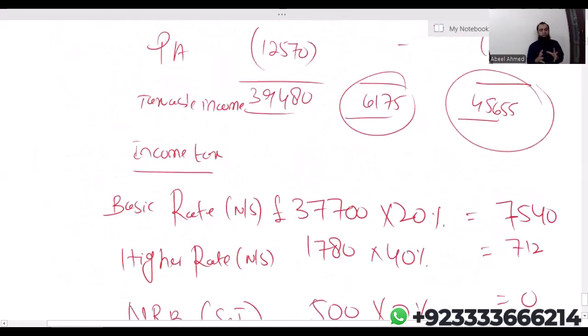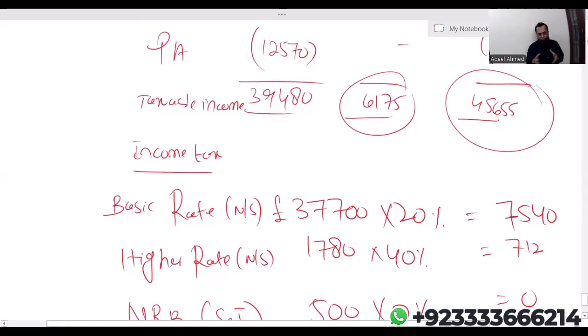So students, in today's class, we have discussed a number of things. We discussed how Pay As You Earn works. Second, the rule of the starting rate band, when it is applicable and how much of it is applicable. Third, the concept of income of a child.